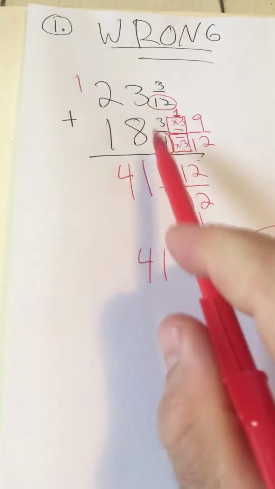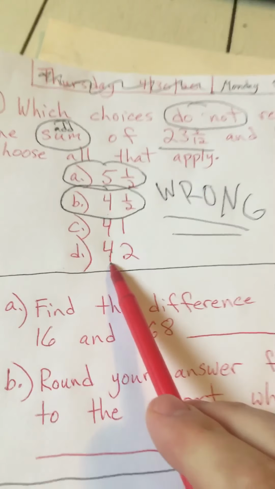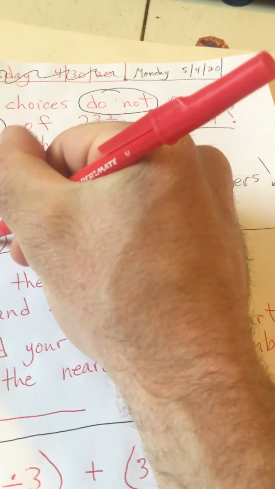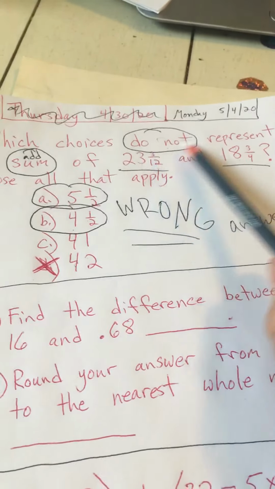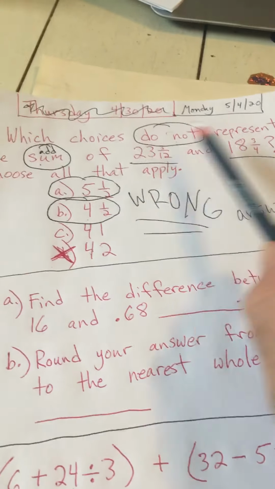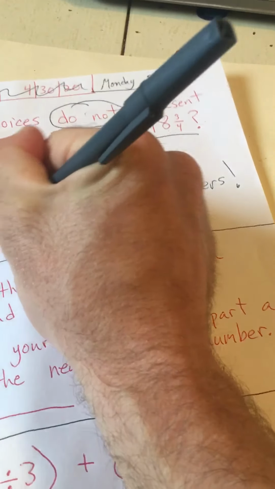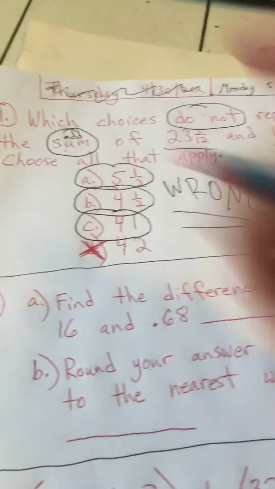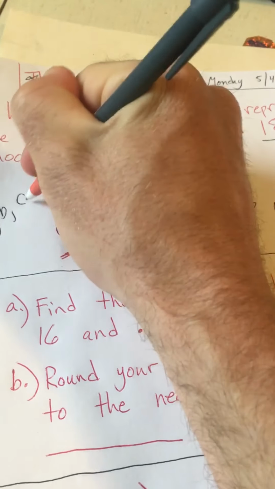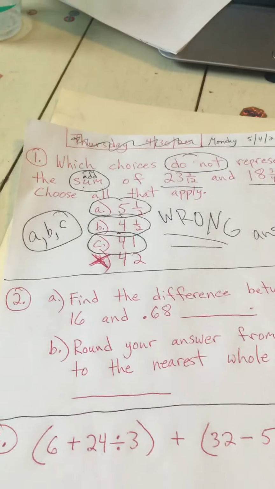So the correct answer to this problem is 42. So that's the one that we are not going to choose. Because it says, which choices do not represent the sum of these two? And since this does represent the sum, that's not one of the correct answers. So the correct answers for this one are A, B, and C for number 1.